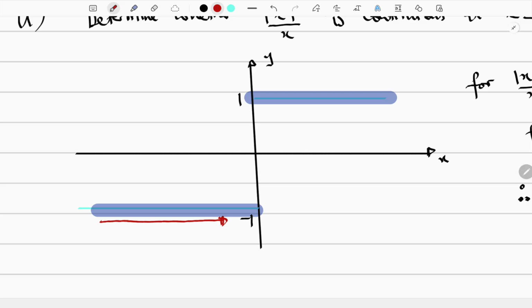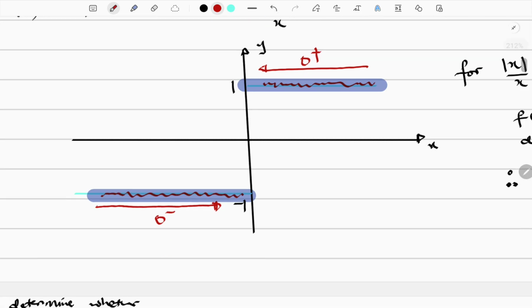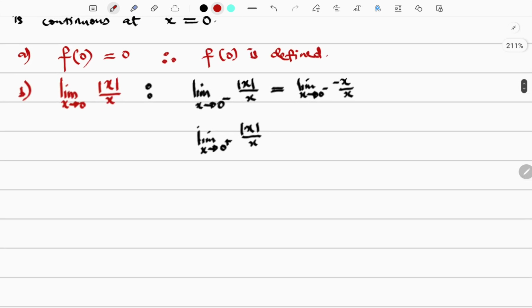We are approaching 0 from the negative, and approaching 0 from the positive means this. So you can see our function is on 1 for positive values, and same applies here: our function would be on -1 for values of x less than 0.